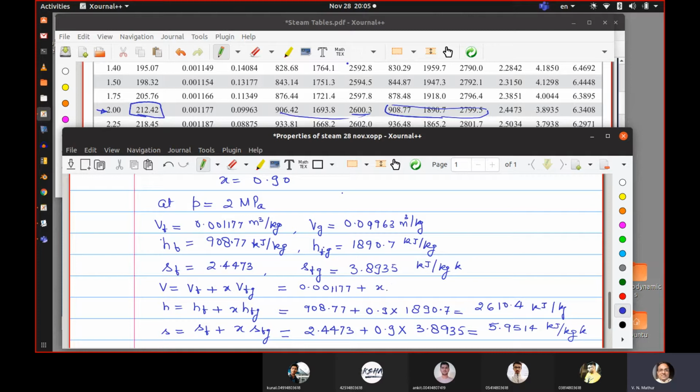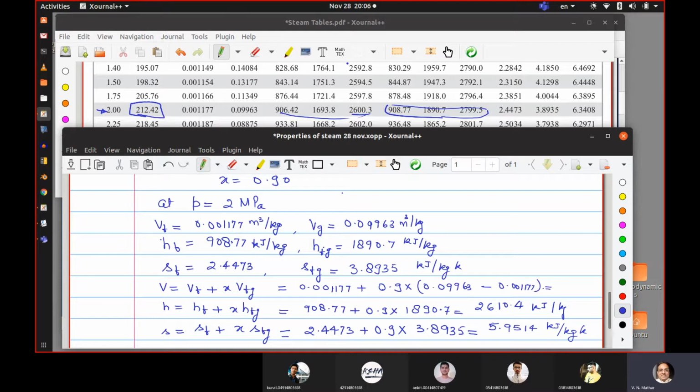So it should be 0.9 multiplied by, we want Vfg here, so it should be Vg minus Vf: 0.09963 minus 0.001177.